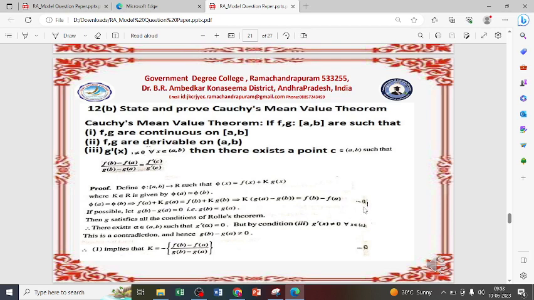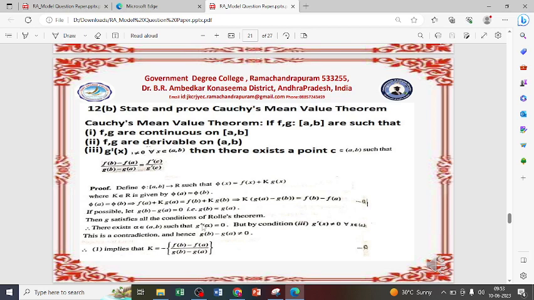If possible, assume that g(b) minus g(a) equals 0. Then automatically g(b) becomes equal to g(a). Then g satisfies all the conditions of Rolle's theorem. Already it is given that g is continuous on the closed interval [a, b], g is derivable on the open interval (a, b), and g also satisfies the third condition of Rolle's theorem, that is, the value of the function g at the end points is the same, that means g(a) equals g(b).